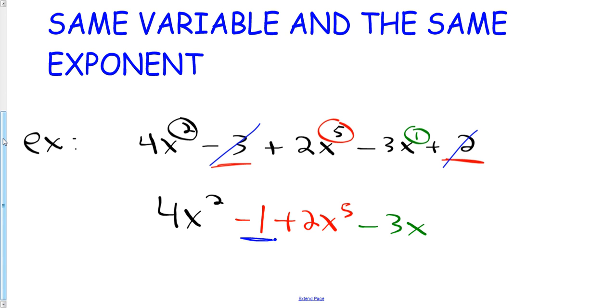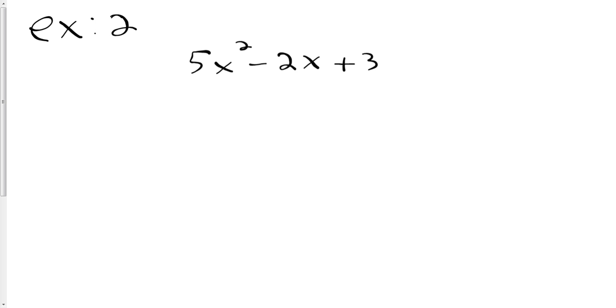We feeling okay? So let's get into some adding and subtracting, okay? Just double checking. Okay, so example 2. So let's say we had 5x squared minus 2x plus 3.